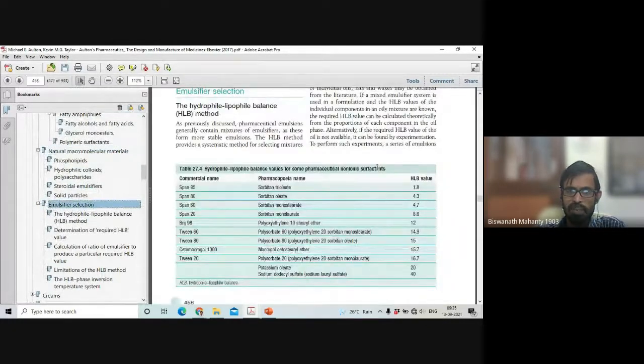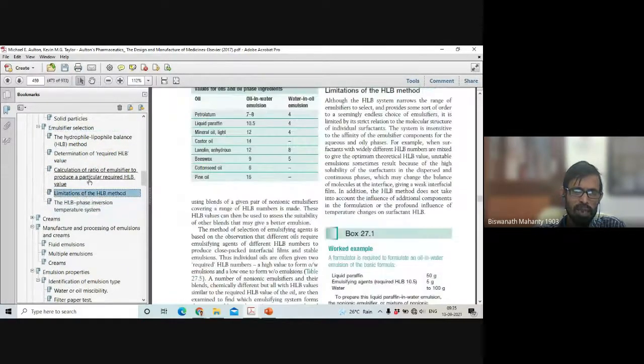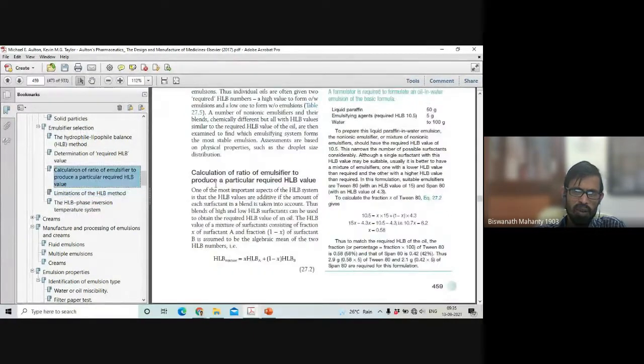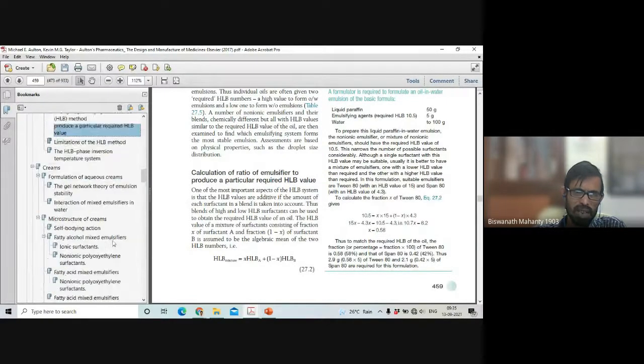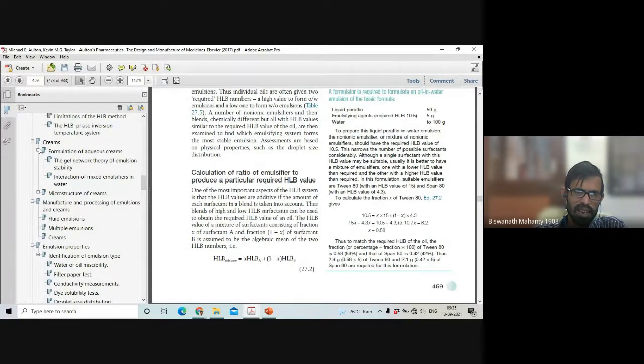Emulsifier selection is based on HLB values and the calculation of the HLB values, how much fraction we should use. Then we have creams, but creams are not really going to be different. I'll talk about them a little later, not now.